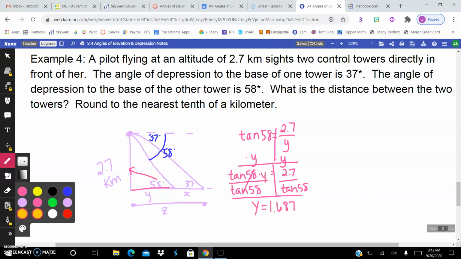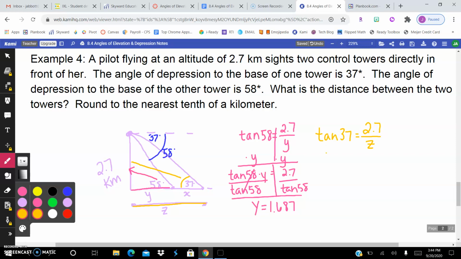Then for the z value, we have the angle of 37. We have the opposite side, and we're trying to find our adjacent side, z. So again, the tangent of 37 is going to be the opposite, which is 2.7 over z.